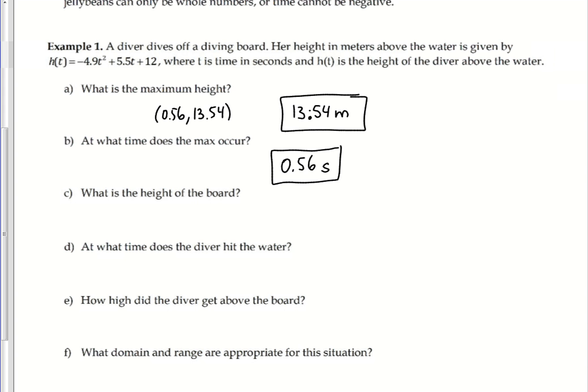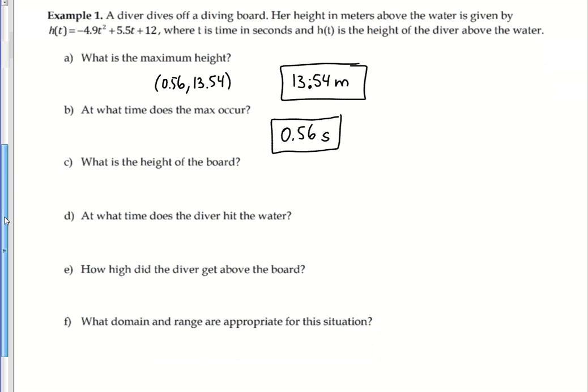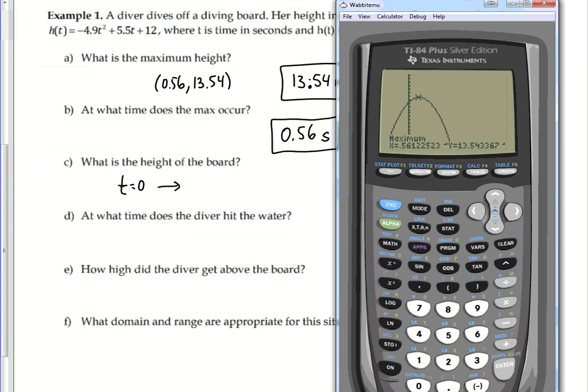What is the height of the diving board? So the height of the diving board is at what time? When time is 0. It's your starting point. So when time is 0, we want to know the height. On our graphing calculator, or if you look at our graph, what part of the graph is that?